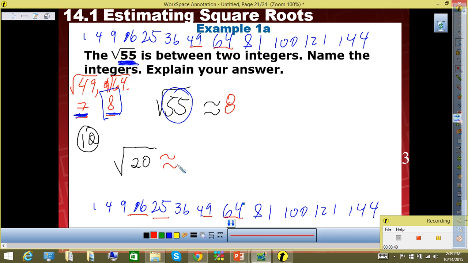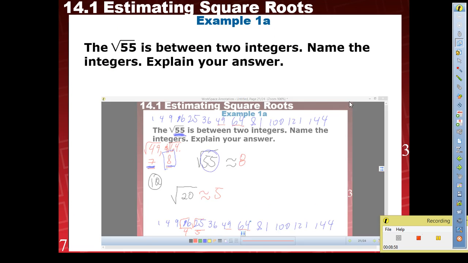Therefore, this is approximately what? 5. This was 4. This was 5. So which one will it be? 5, because we already went past 4 right now. Everybody got it? Let's do another one.